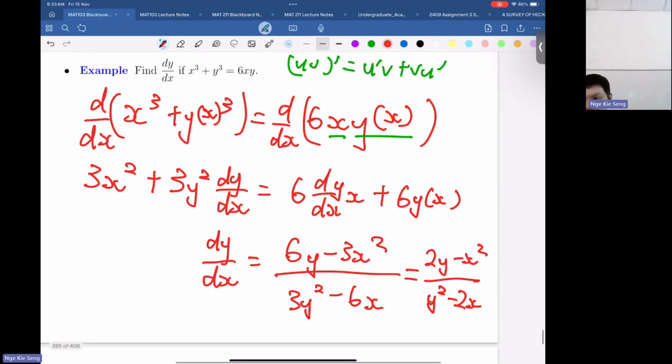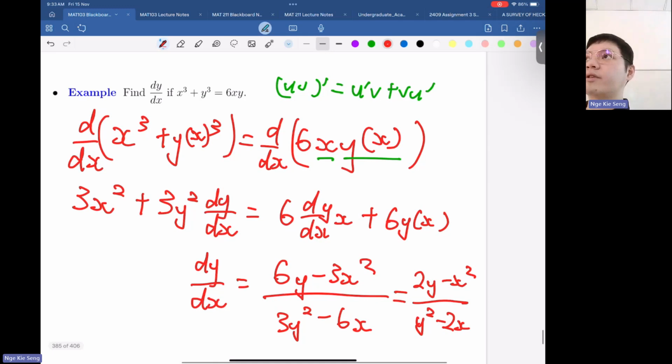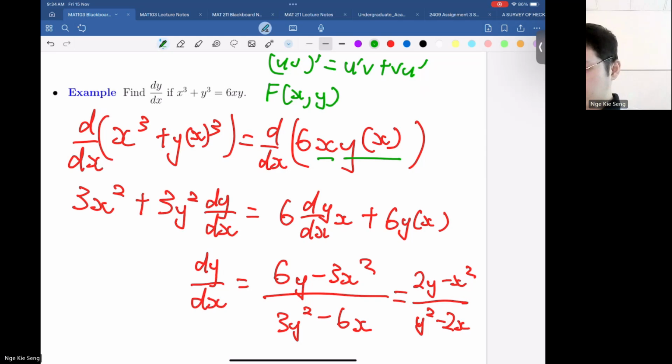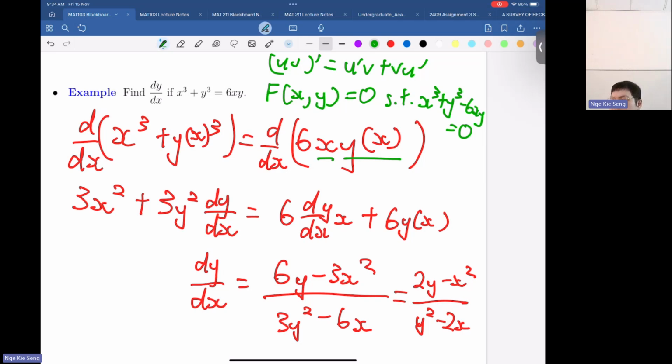But there's a quicker way to get this. For example, if we treat the equation as a level surface, what do we get here? Let's treat it as f(x,y) equals 0, such that x cubed plus y cubed minus 3xy equals 0.